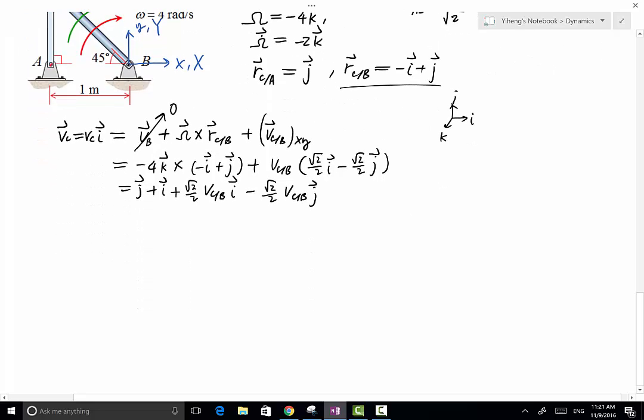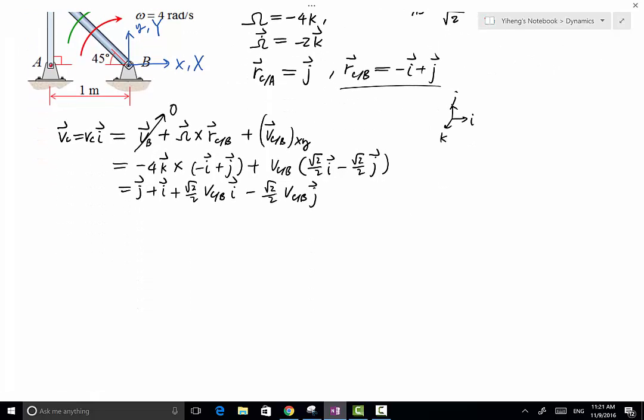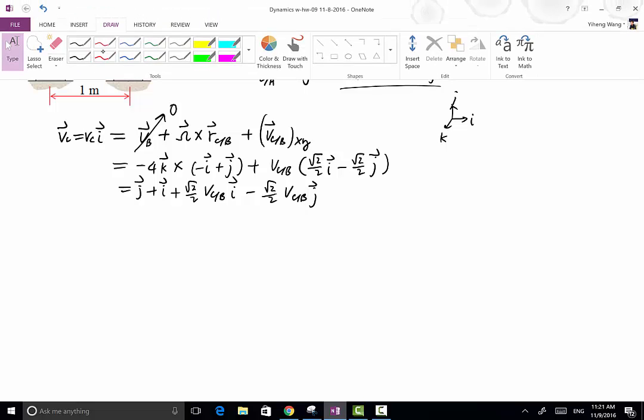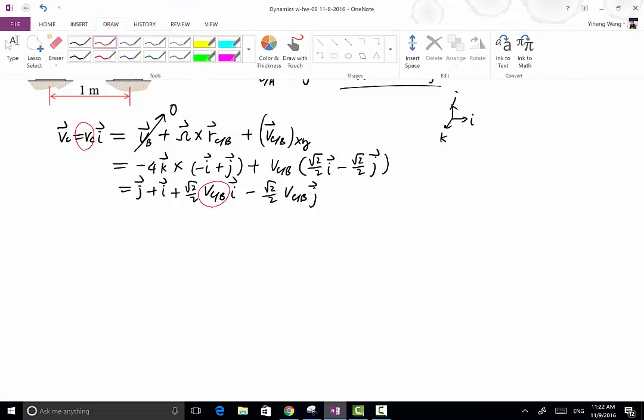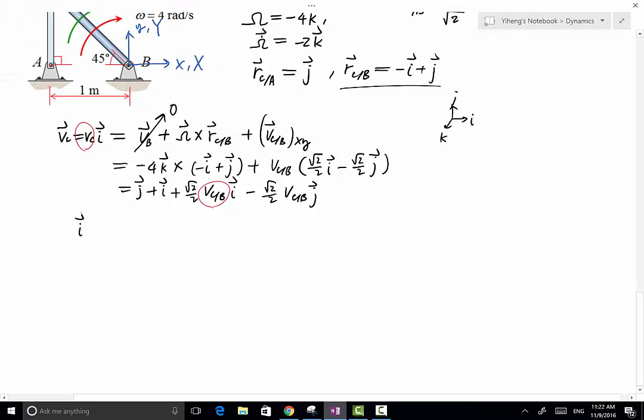So now we are ready to evaluate our scalar unknowns. We have two scalar unknowns, VC and VC/B. So we separate the i and j components. For the i component, on the left hand side we have VC, on the right hand side we have 1 multiplied by 4, so that's 4j plus 4i here. So we have 4, and then plus square root of 2 over 2 VC/B.